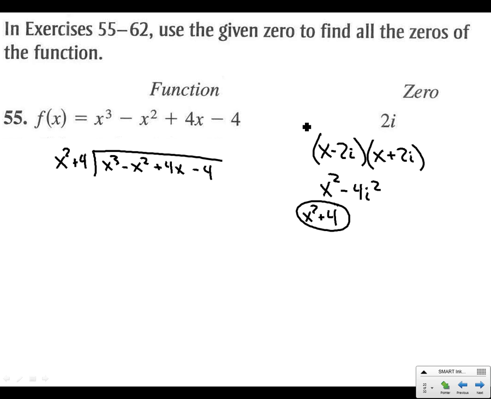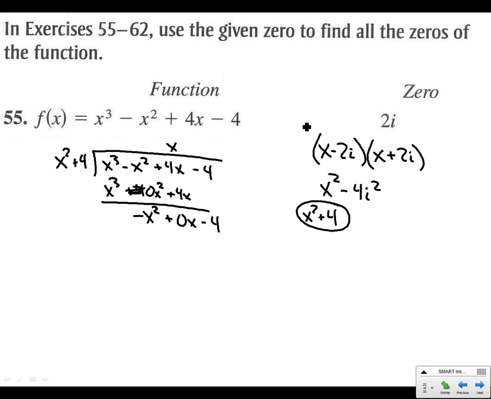And let's go ahead and divide this out. We get x, and that's 0x squared here as a placeholder, plus 4x. Those go away. We'll have negative x squared plus 0x minus 4.